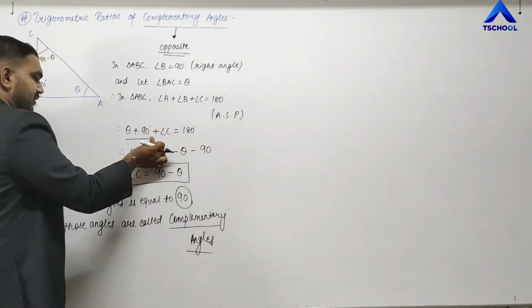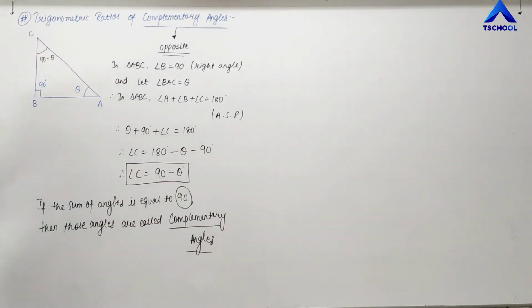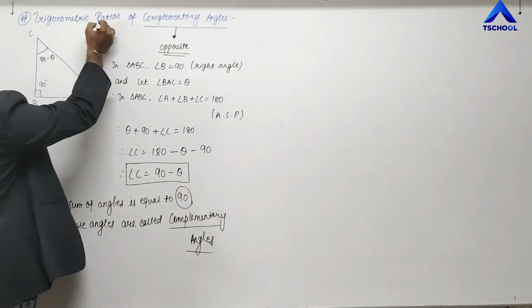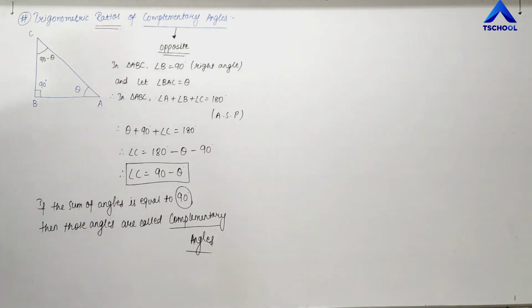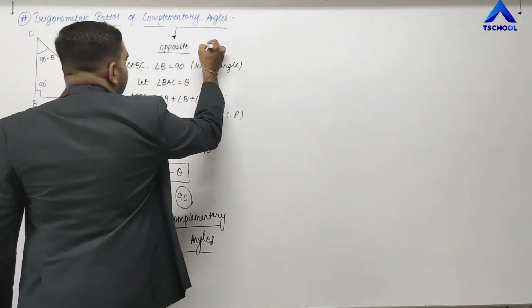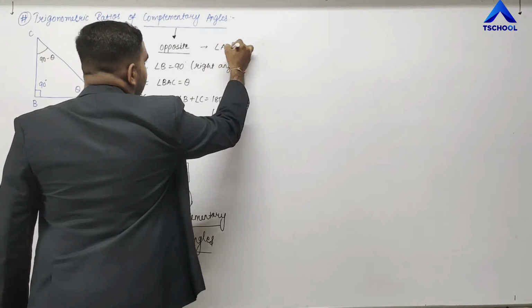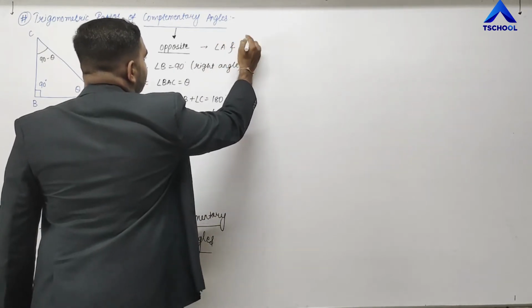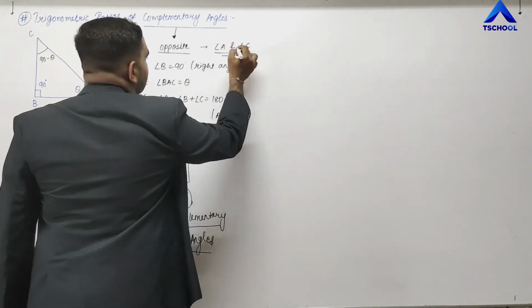And friends, in this topic, we are going to find out the ratios of those complementary angles, those opposite angles. So here the opposite angles are angle A and angle C. Right?